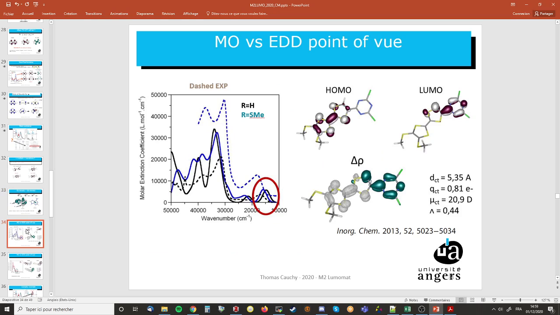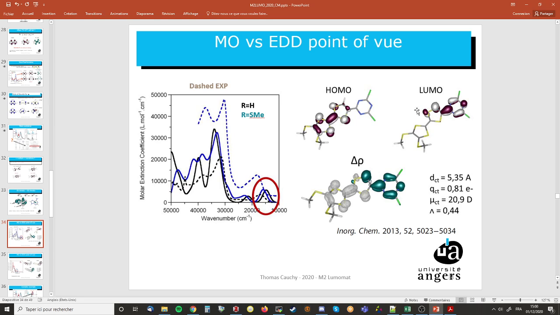For example, for a derivative of TTF, we have the HOMO in the TTF part and the LUMO in the triazine part. So this transition is indeed a HOMO-LUMO transition. With this kind of transition, just looking at the HOMO-LUMO, you can picture that you lose density in the HOMO part and you gain in the LUMO part.